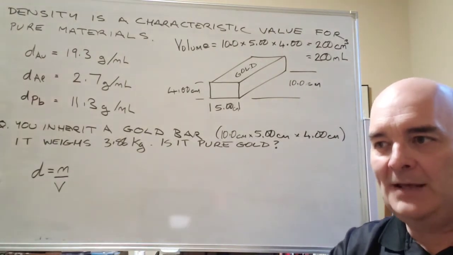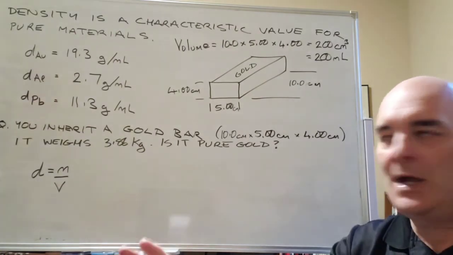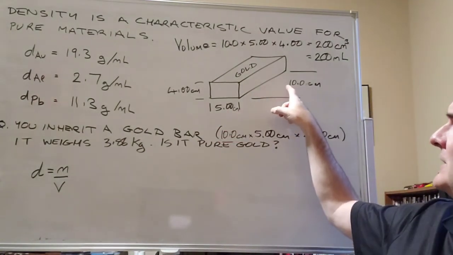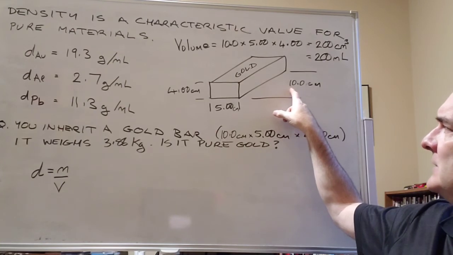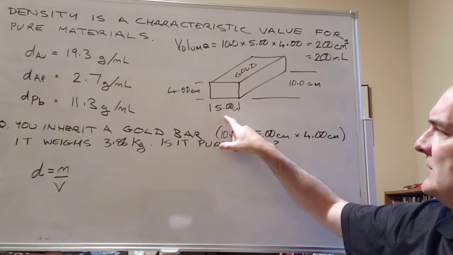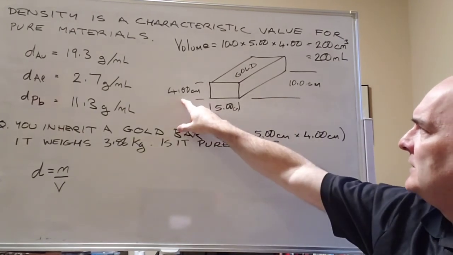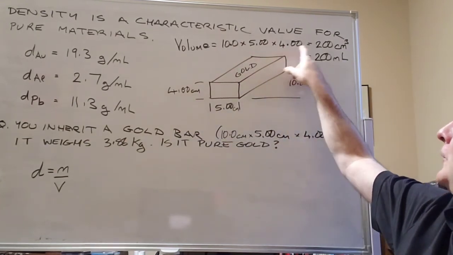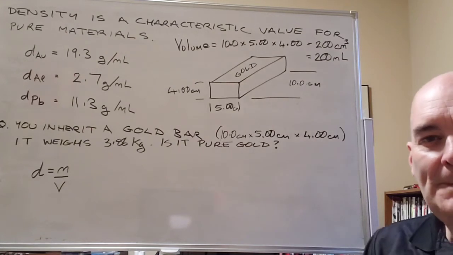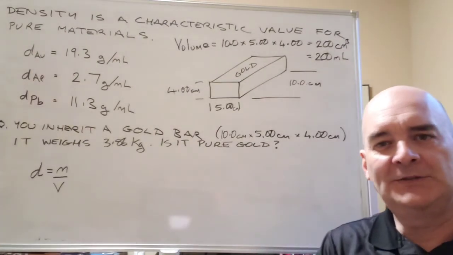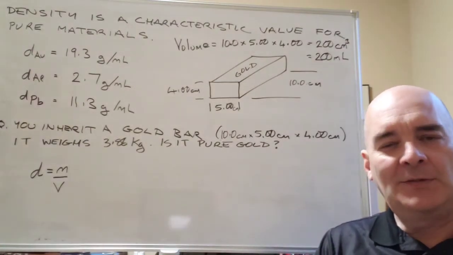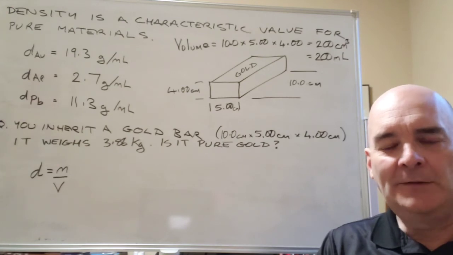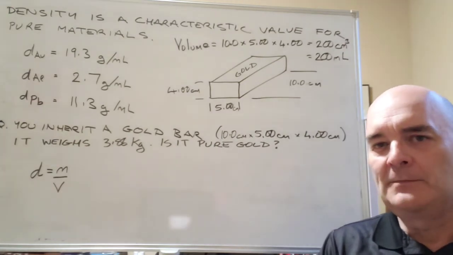It's a length times a depth times a height. So if I take this gold bar that is 10 centimeters long, 5 centimeters wide, and 4 centimeters high, 10 by 5 by 4 is 200 cubic centimeters. Cubic centimeters, cc, is 200 cc.